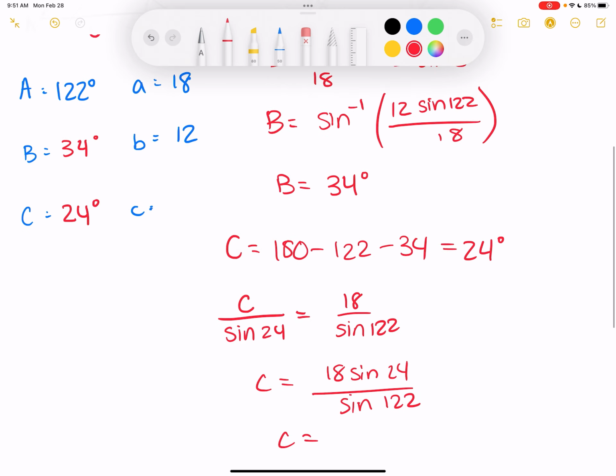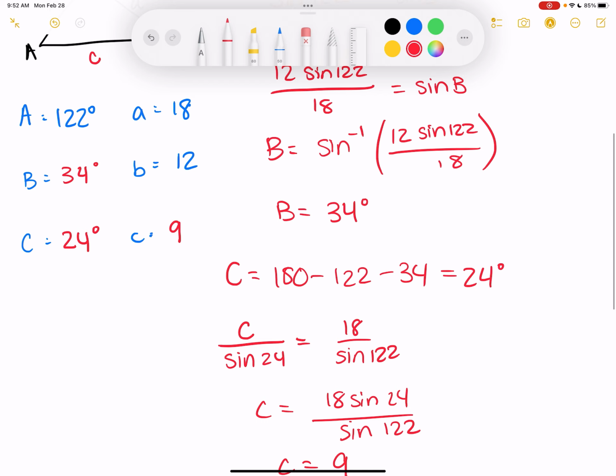That's nice. Alright, let's go. Are we still rounding? Yeah. 9.